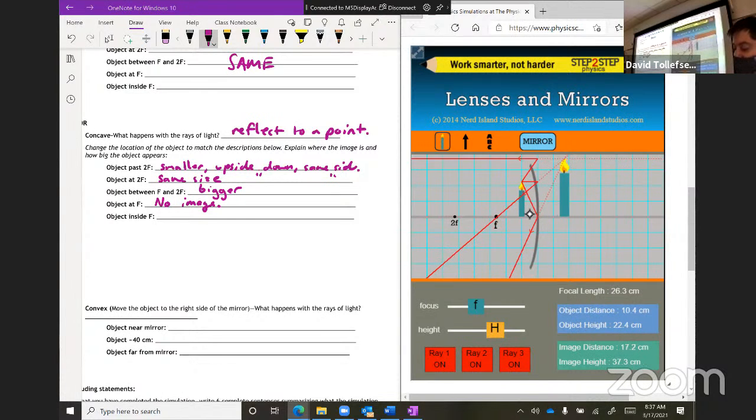And if I'm inside F, notice that it's bigger on the opposite side.